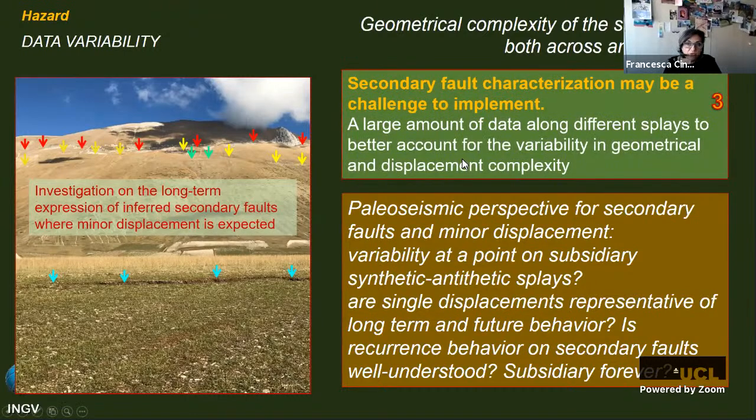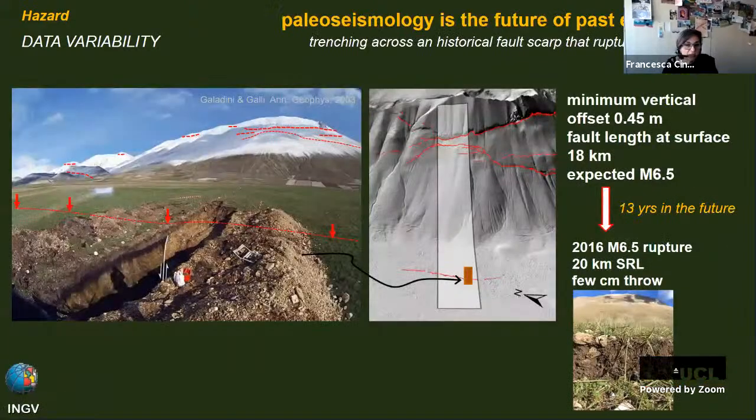So secondary fault characterization may be a challenge to implement, but we need a large amount of data to explore the variability in geometric and displacement complexity. And anyway, all these questions arise also if we look at the palaeoseismic data along one of these secondary lines that ruptured during 2016.